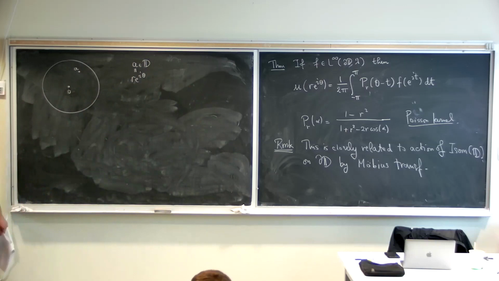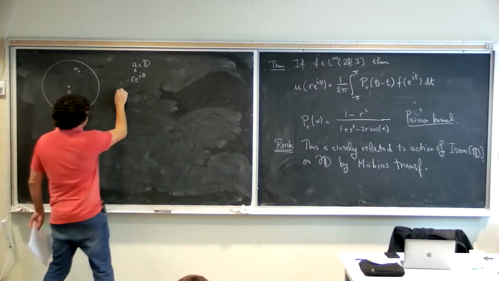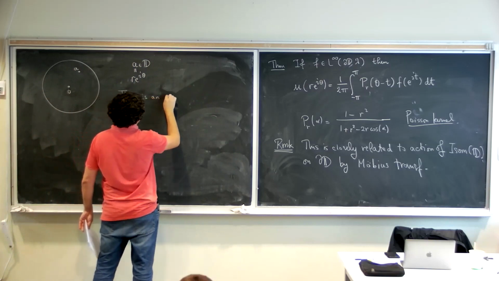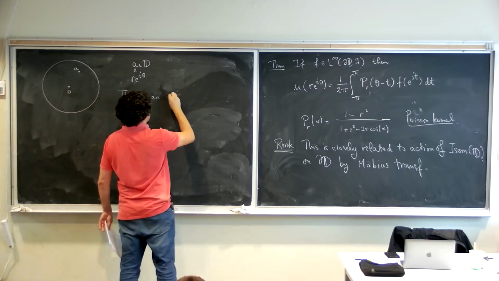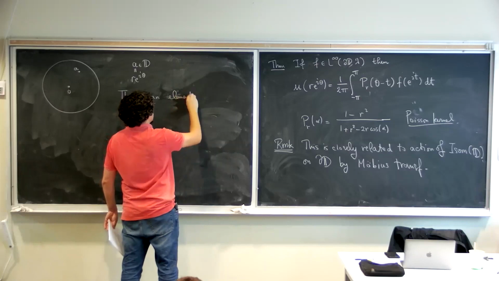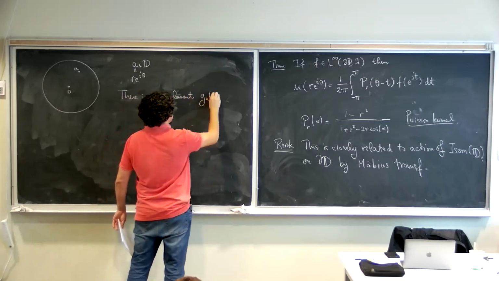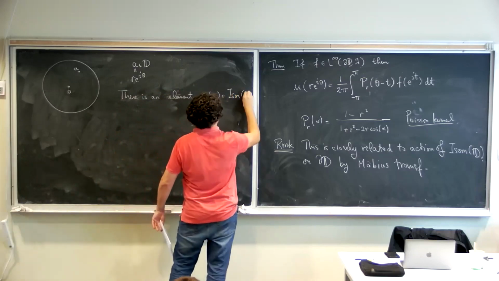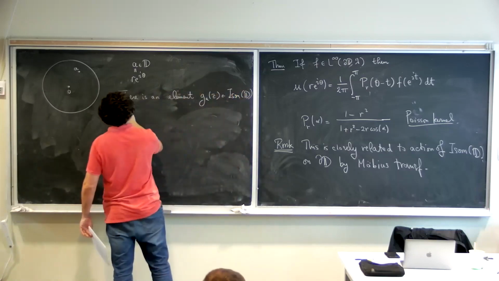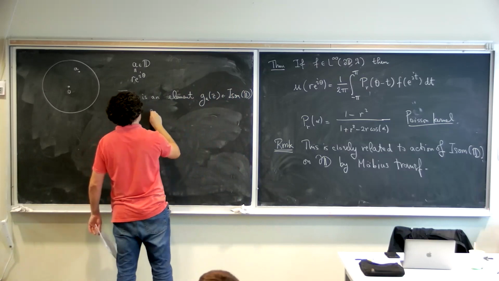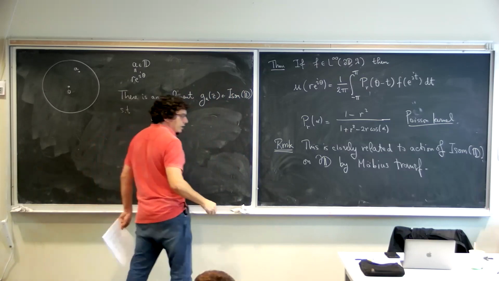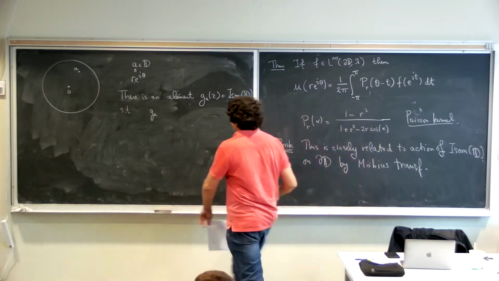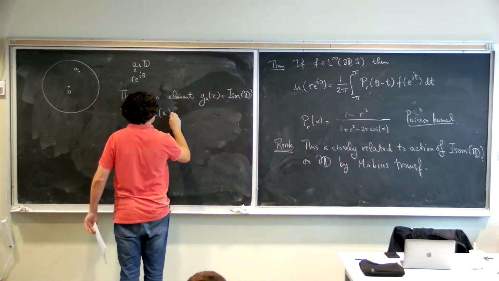Now there is an element g_A of z in the isometries of the disk such that we bring g_A of A to 0.